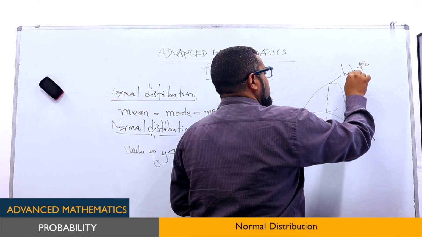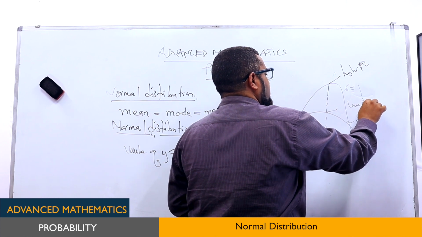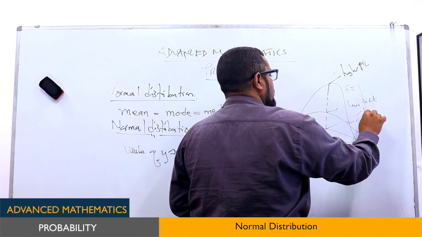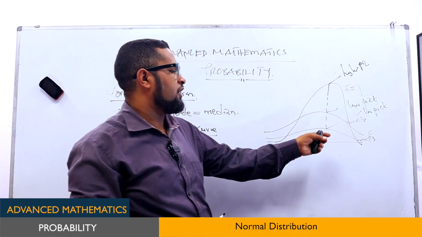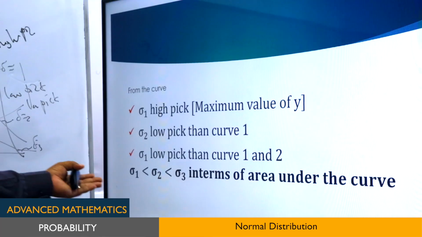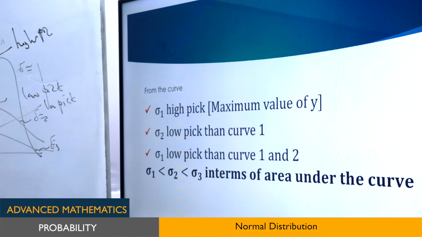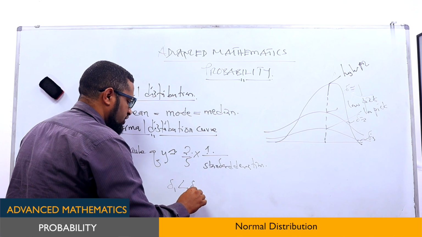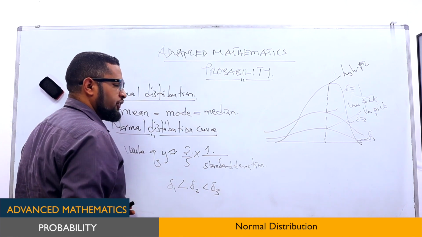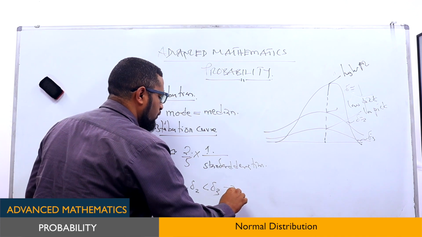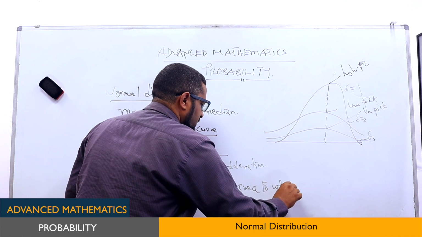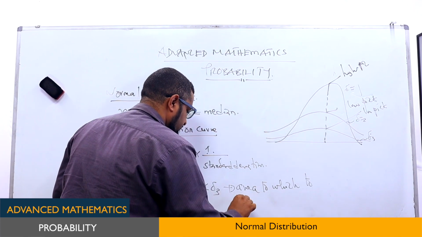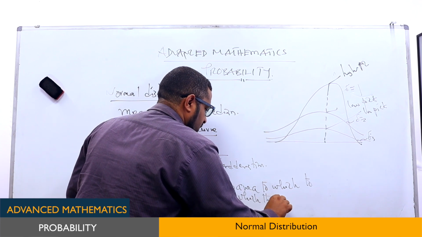Then another one, this is low peak, and also this one is low peak when you compare to the graph above. So you can conclude by saying standard deviation 1 is less than standard deviation 2 is less than standard deviation 3. But this one is in the case of area which the curve takes.